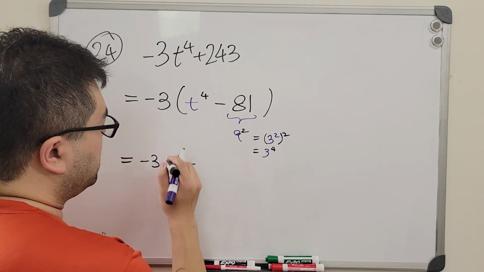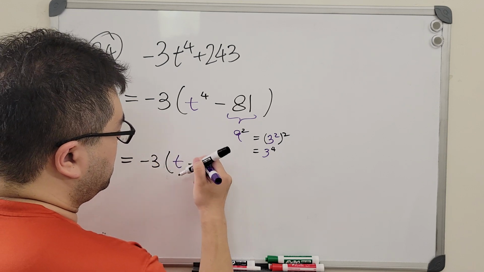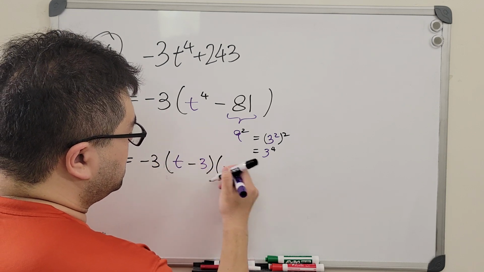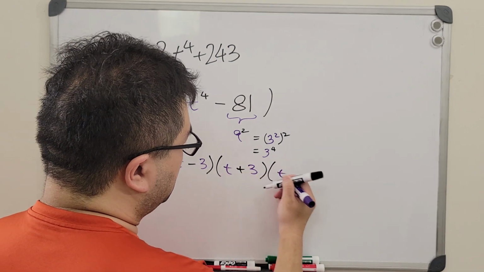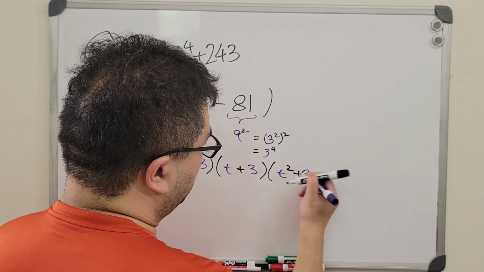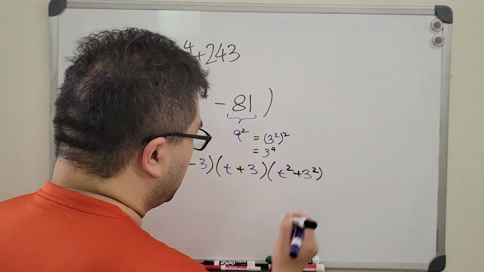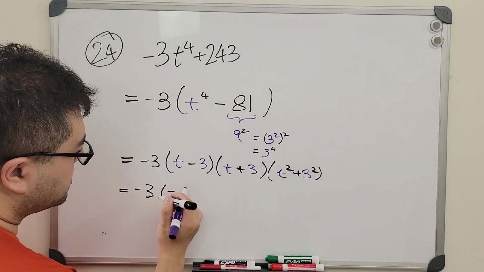t minus 3 times t plus 3 times t squared plus 3 squared. And last but not least, we need to simplify what 3 squared is.